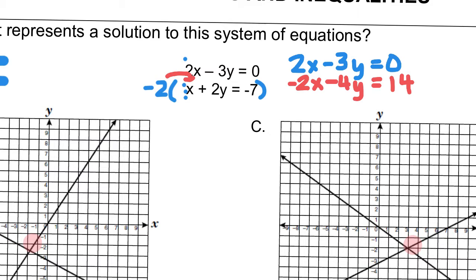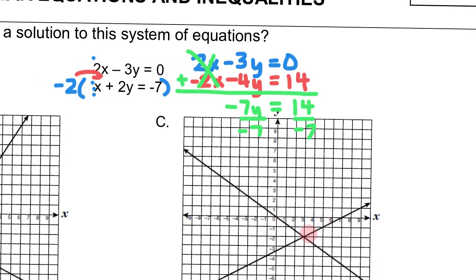In elimination, I combine the equations. These will cancel out. So I am left with -7y equals 14. I divide by -7 on each side, and I see that my y value will be equal to -2.